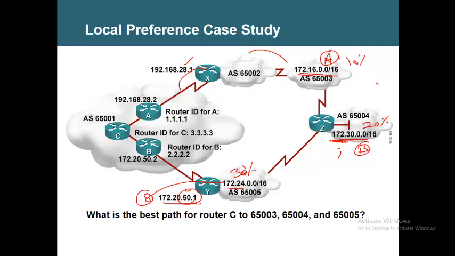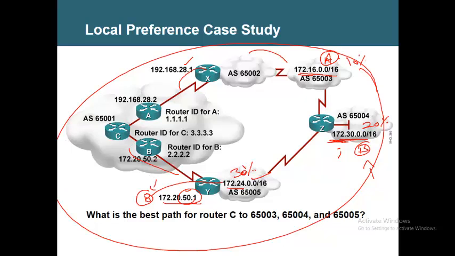Is it going to Z or is it going to AS 6503? But focus, please. For this destination, you said you will go this way. I'm asking the same thing. How much percentage goes out in this topology? How much percentage is going out via B? 50.